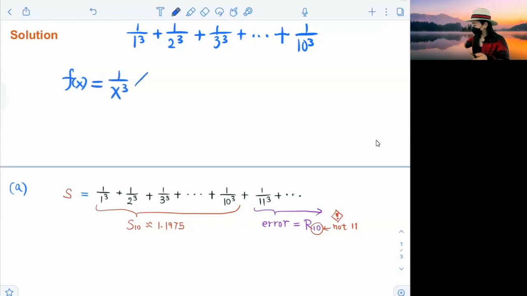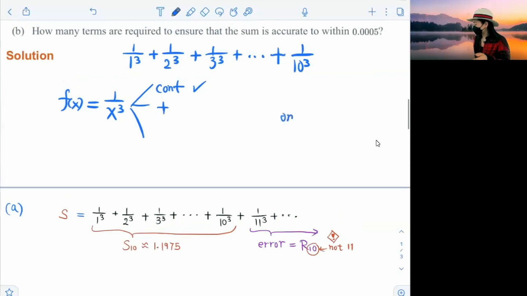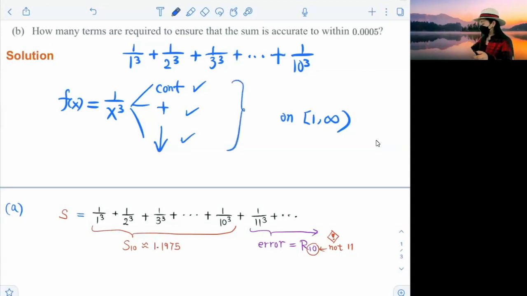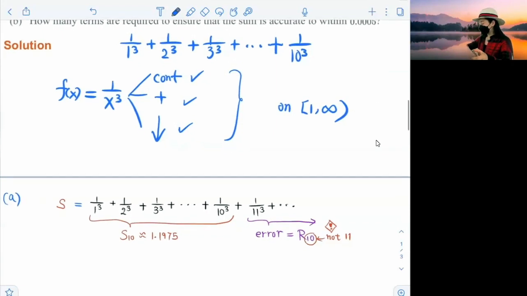Yeah, good. Is it continuous? Yes. Positive on 1 to infinity, right? Okay, and is it decreasing? Yeah. The bigger the denominator, the smaller the quotient, right? Yeah. So it satisfies the 3 hypotheses. So you can use the remainder estimate for the integral test.